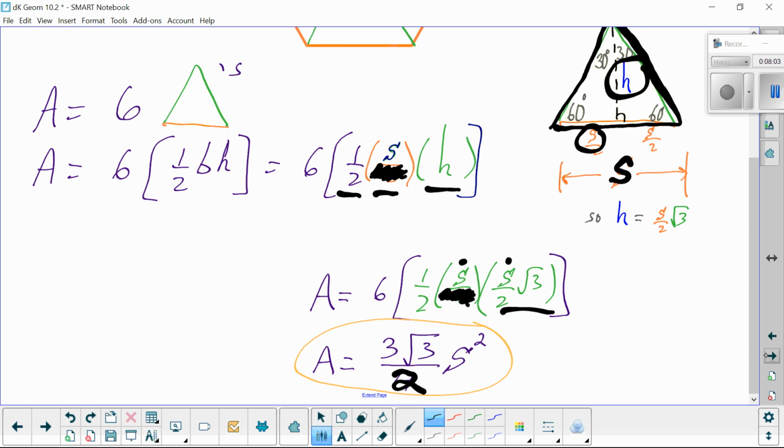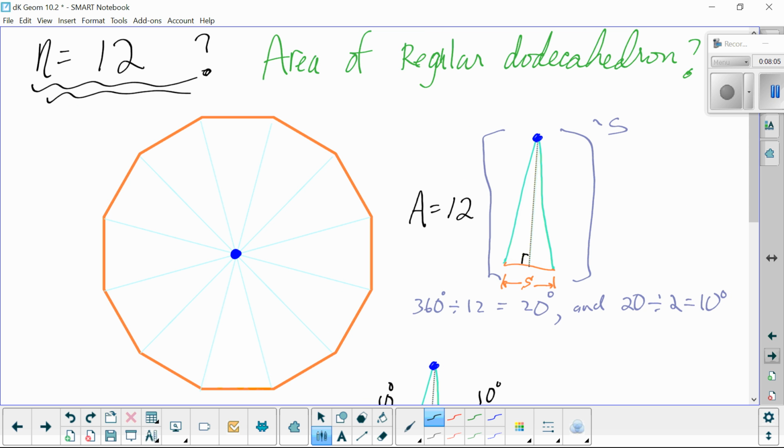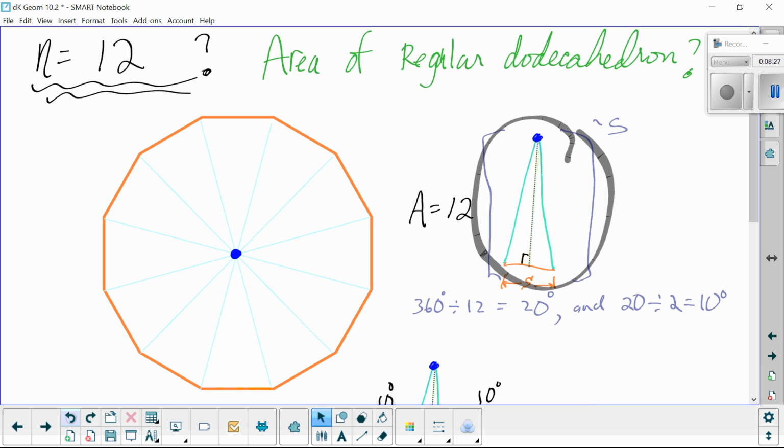All right, moving on. What about a 12-gon? Now, at this stage, it's difficult to actually draw by hand an accurate 12-gon. So I was able to do it easily with this software because it can do 12-gons perfectly. But if I was doing this without software, I'd probably just make that picture.